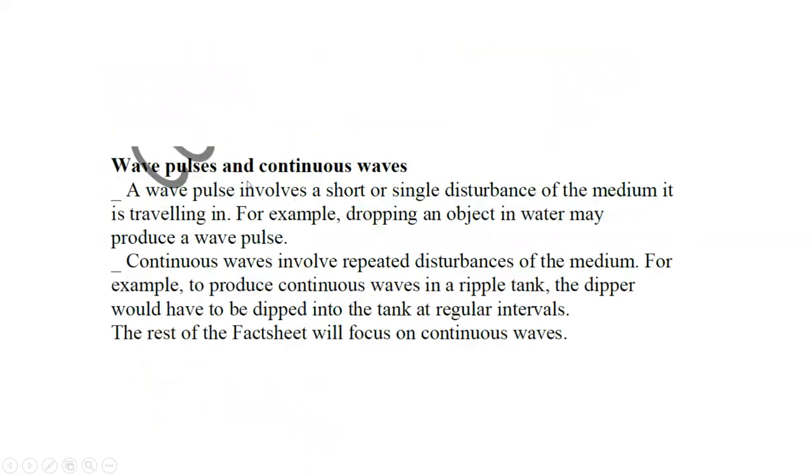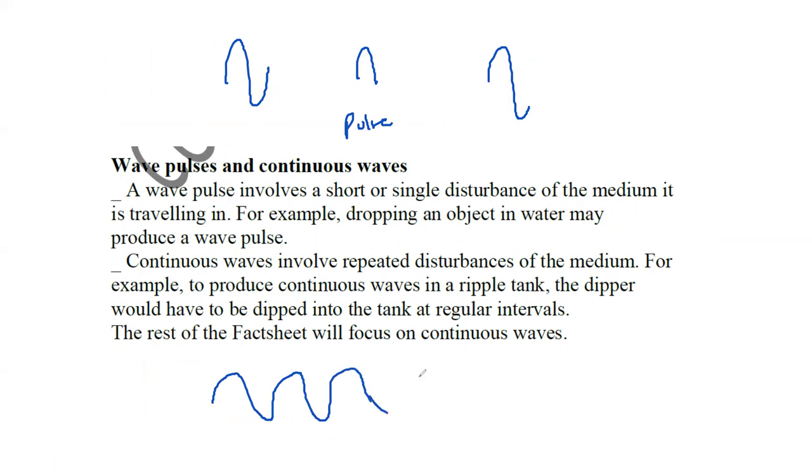Then what is the difference between a wave pulse and a continuous wave? A wave pulse means when we send one wave, or half a wave, or part of the wave, we call that a pulse. But what is the meaning of a continuous wave or wave train? When we send waves and we are not able to identify the starting point, like the wave is traveling between two points A and B, but we are not able to identify the starting point and ending point, we call this a continuous wave.